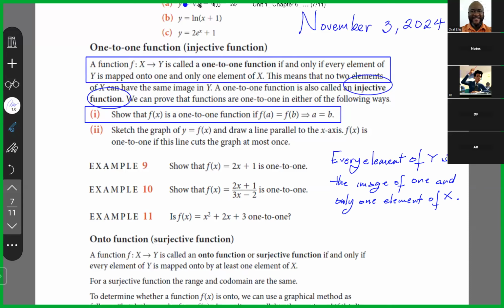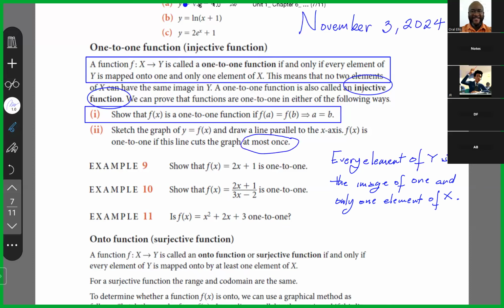The second approach is to draw the sketch of y is equal to f of x and draw a line parallel to the x-axis. f of x is one-to-one if this line cuts the graph at most once. And that last phrase is important.